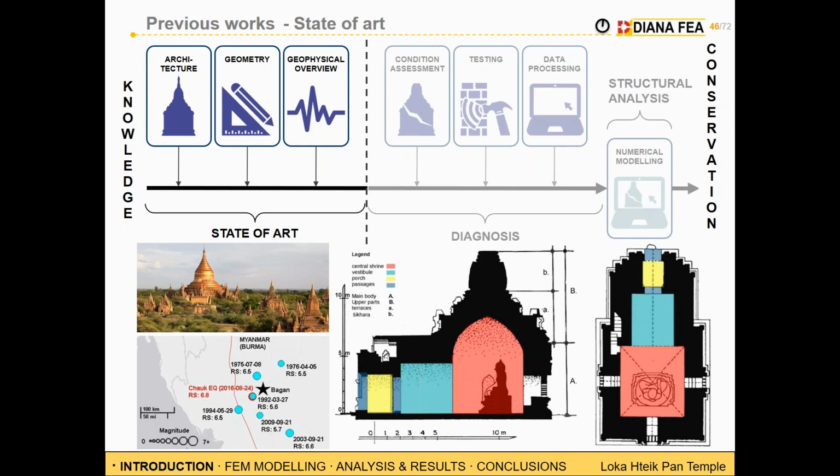In this case, we have rounded walls, and then we also have groin vaults. The dimensions here are more or less 10 meters by 15 meters, and this structure, but also all the Bagan sites, suffered several earthquakes, which brought a lot of damage along the structures. The last one occurred in 2016, and it is called the Chauk earthquake.